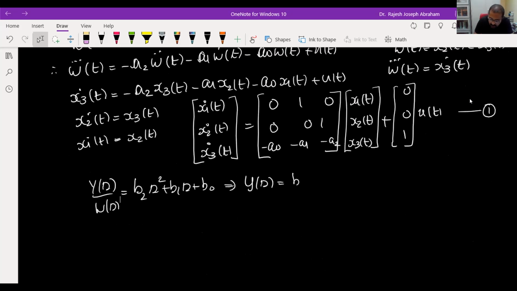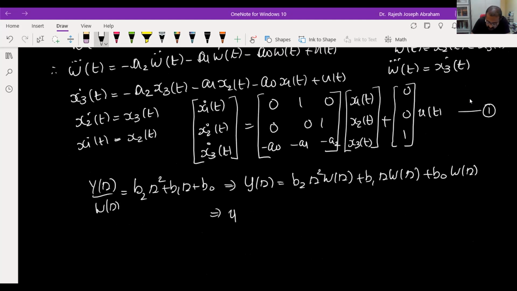Y of s equals b2 s squared W of s plus b1 s into W of s plus b0 W of s. Or in time domain it becomes y of t equals b2 w double dot t plus b1 w dot t plus b0 w of t.